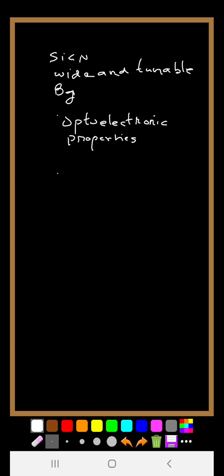And they also have good optical transmittance properties.